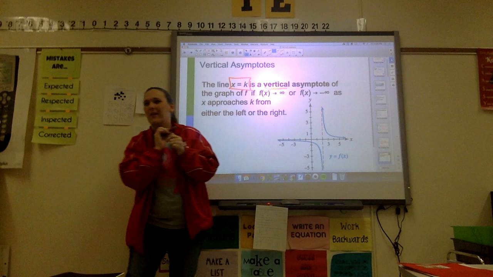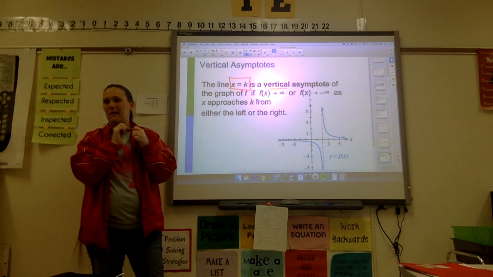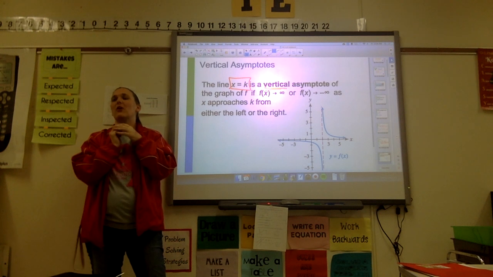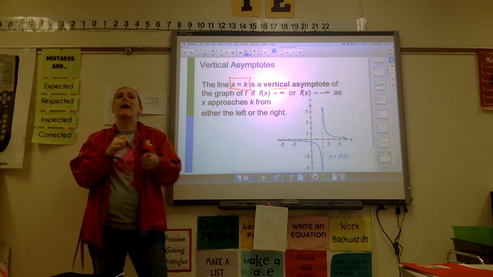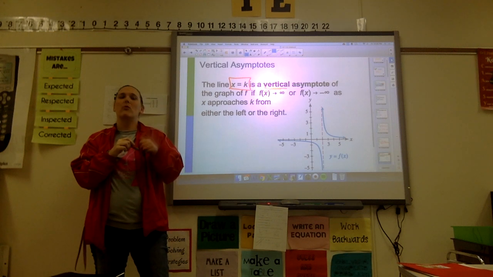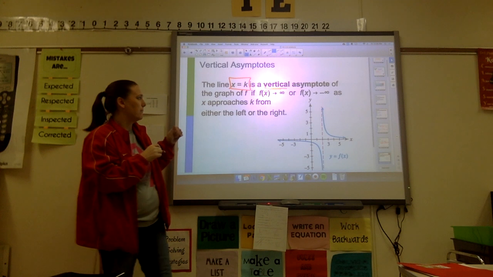Hence, vertical asymptote. So here's what I remember from previous years. I've asked you to find a vertical asymptote, I want the equation of the line, and sometimes people would get confused about whether it was y equals or x equals. So keep that in mind.